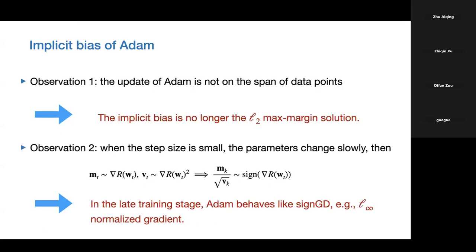Before moving on to the final theorem, we can make some observations about Adam to see what we can anticipate if we run Adam on the linear classification problem. The first is that the Adam update is not in the span of the data points.